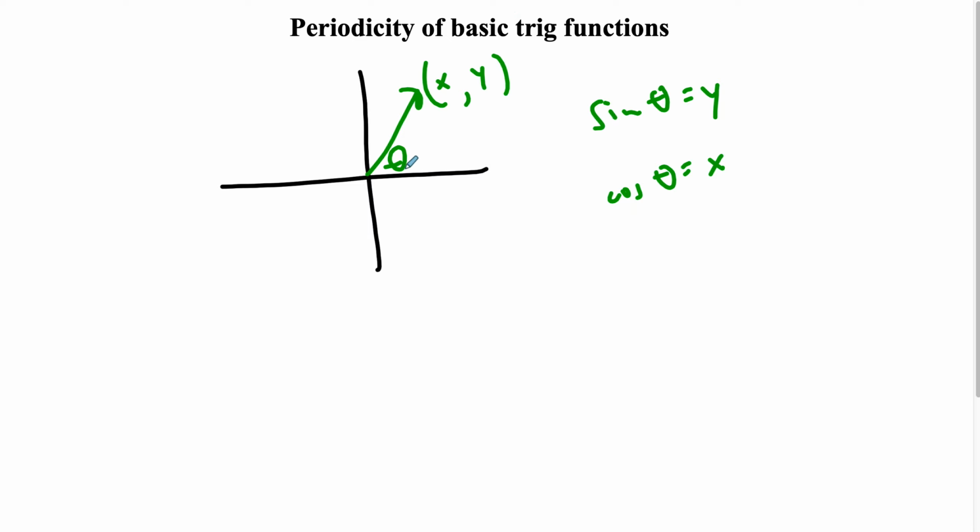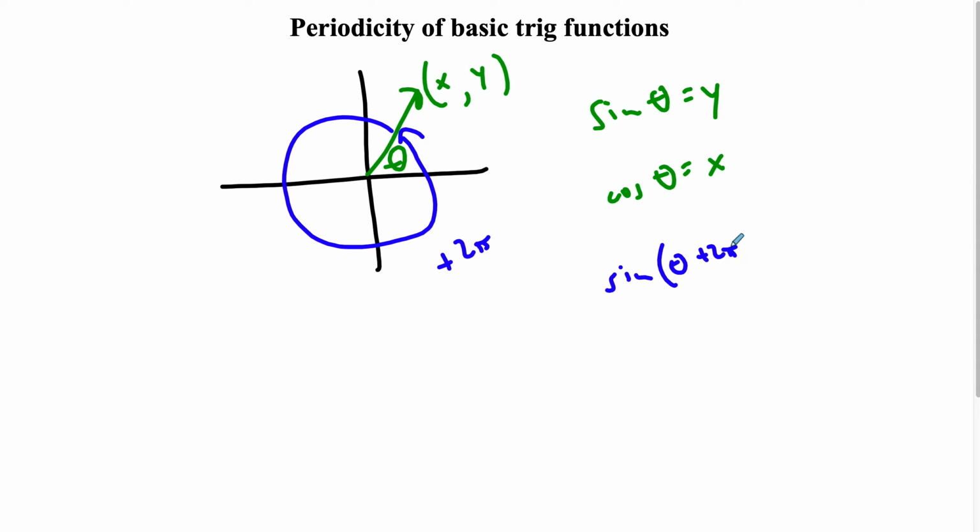What happens if we were looking at a coterminal angle? In other words, what if we went around another 2 pi radians? We'd end up in the same spot, which means that if we're looking at the sine of theta plus 2 pi, it would also equal the same thing. And the cosine of theta plus 2 pi would equal the same thing.